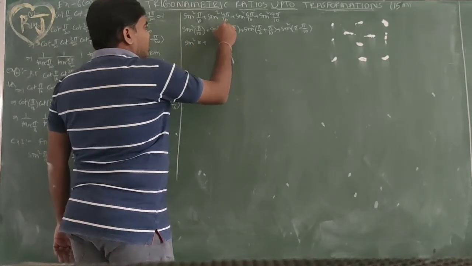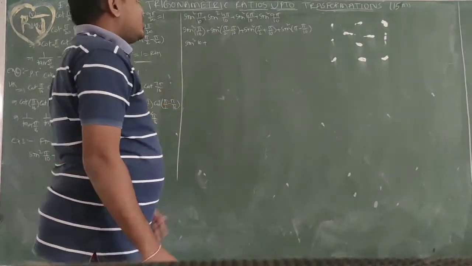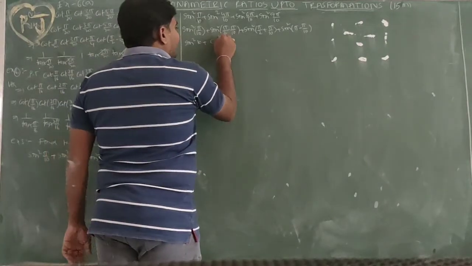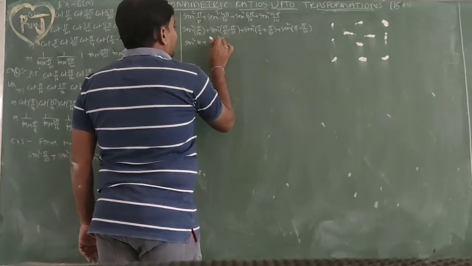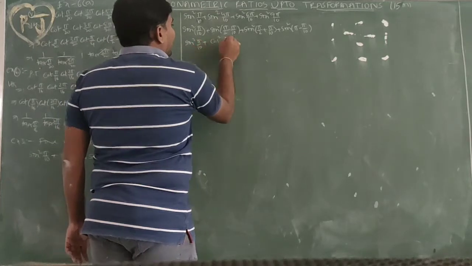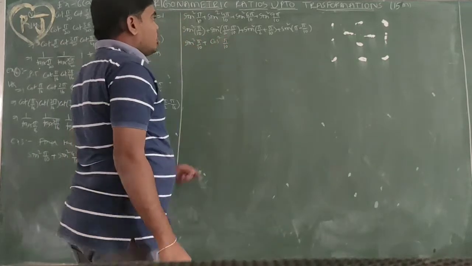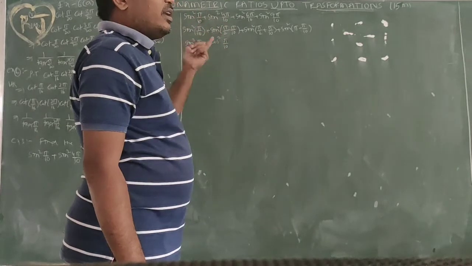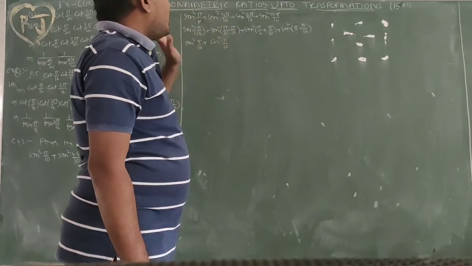Okay, so sin square pi by 10 as it is, plus this is 90, and 90 means change, so cos square pi by 10. Since it lies in the first quadrant, sin is positive, and a positive square is also positive.